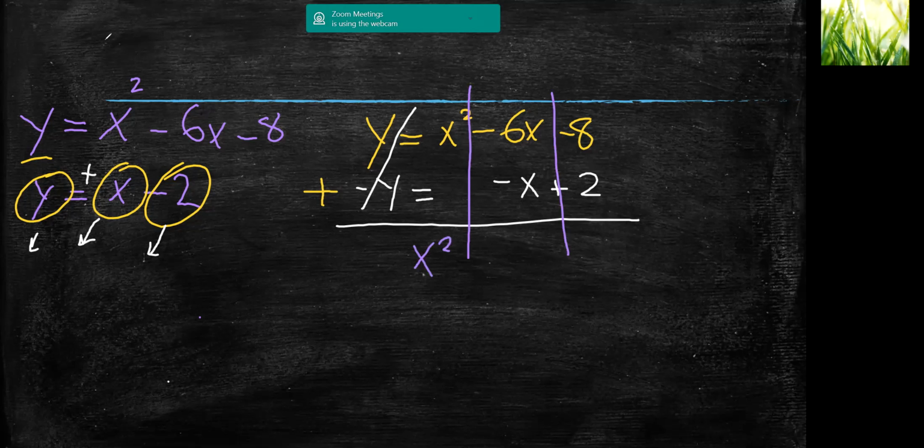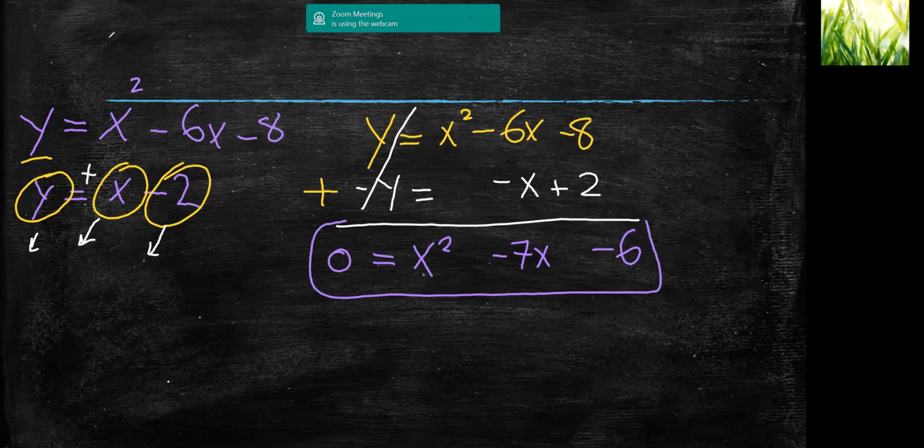Negative 6x minus x, negative 7x. And negative 8 plus 2 is negative 6. This equals 0.